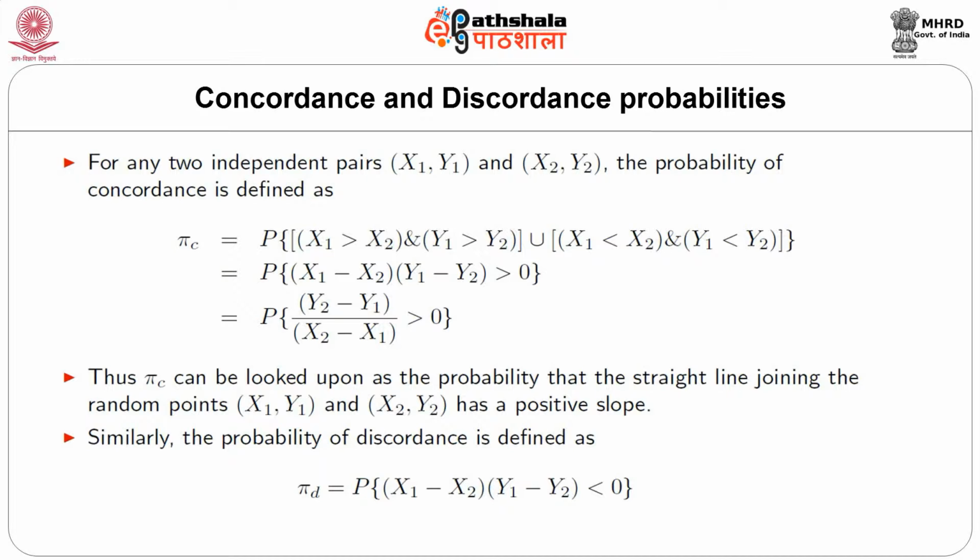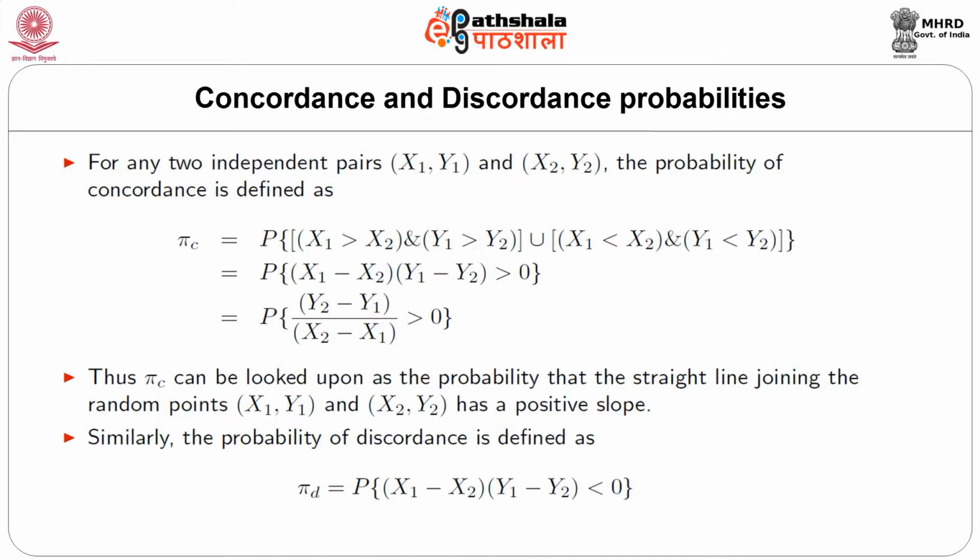For any two independent pairs (x1, y1) and (x2, y2), the probability of concordance is defined as pi_c, which is nothing but the probability of x1 greater than x2 and y1 greater than y2, or x1 less than x2 together with y1 less than y2.